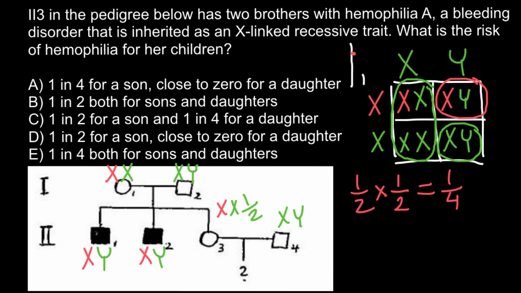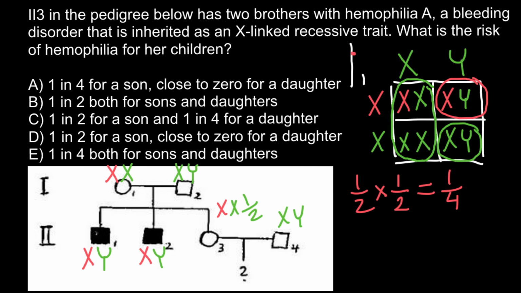Even if we knew she is 100% heterozygous, still 100% of her female progeny would be phenotypically normal. And even if the probability here is 50%, it doesn't affect our calculation of the probability for her daughters to be affected with this genetic disorder. It still would be 100%. All her daughters would be phenotypically normal.